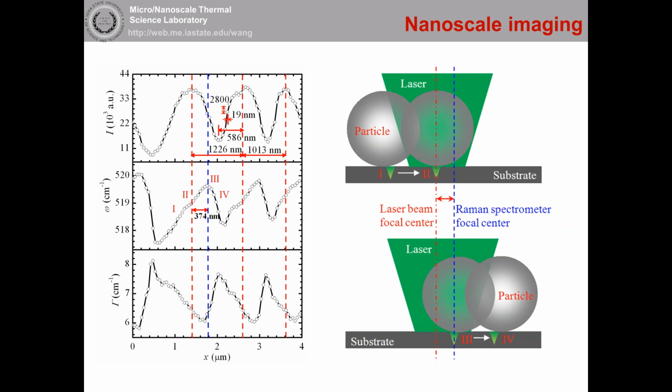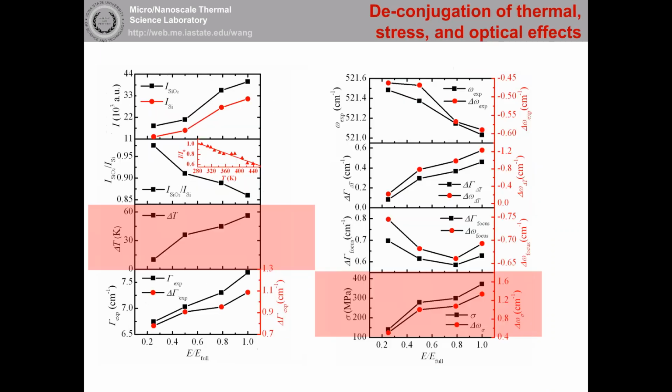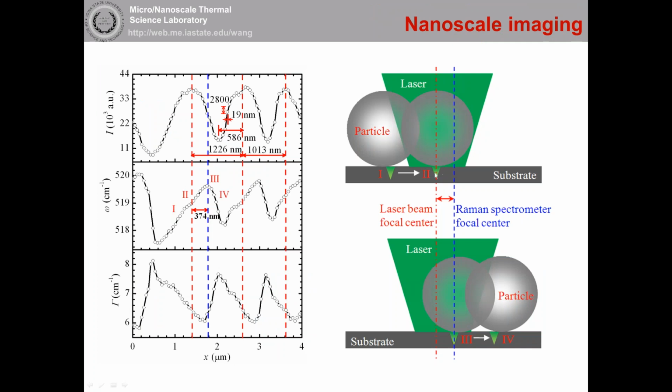First, you can see that using the Raman, you can tell the particle size precisely. That's very interesting. I won't go through the details of how we decouple the effects: the stress, optical, and thermal effects. Finally, we can determine the temperature of the silicon here, the highlighted one. It's a very tiny spot, and we can determine the temperature.